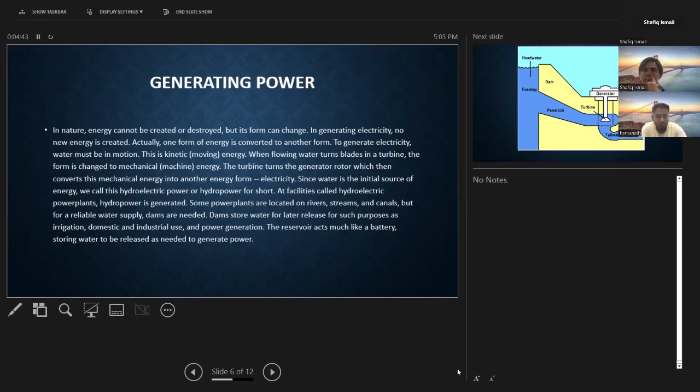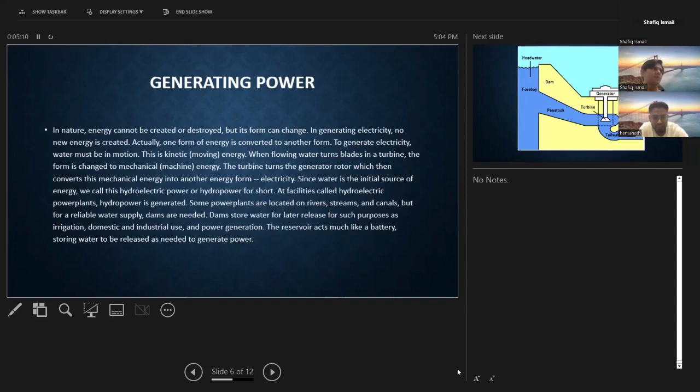Some power plants use rivers, streams, and canals, but for a reliable water supply, dams are needed. Dams store water for later release for purposes such as irrigation, domestic and industry use, and power generation.